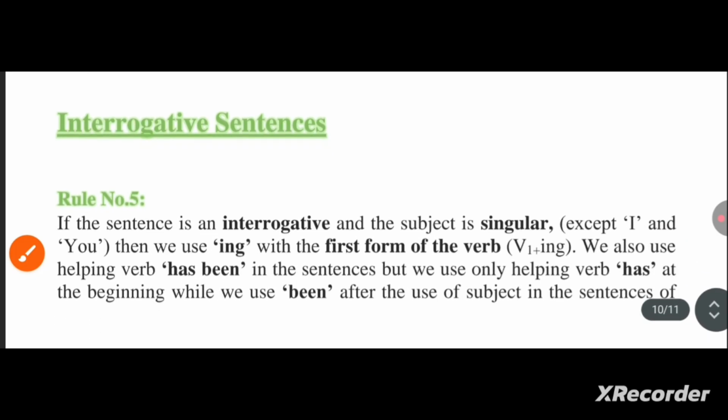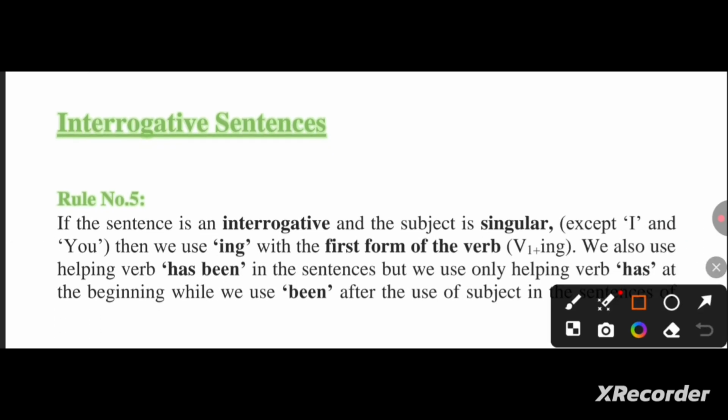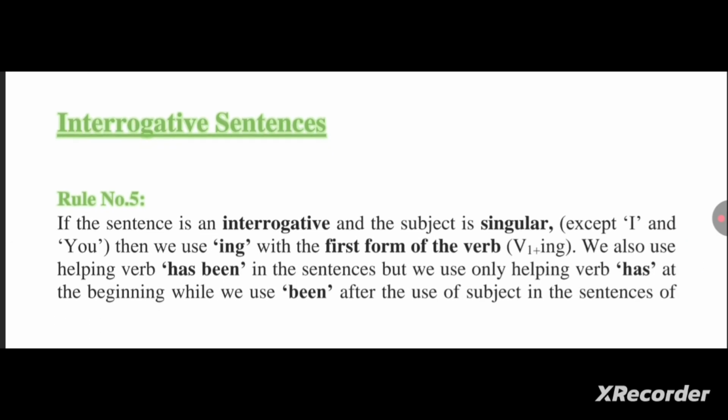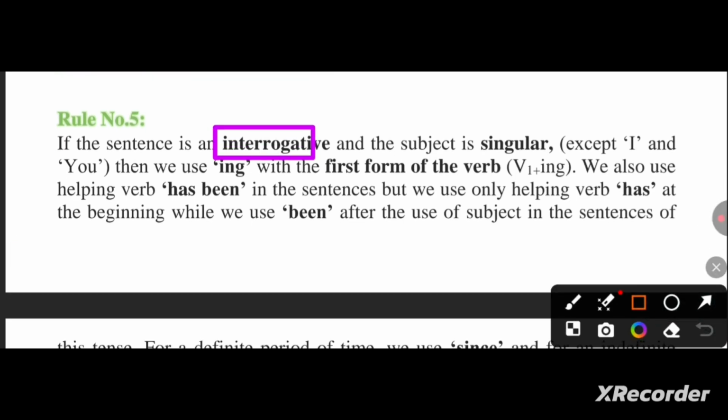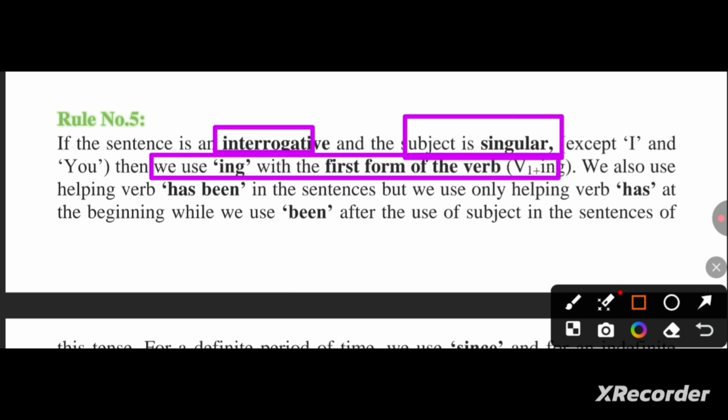Now, if the sentence is an interrogative one and the subject is singular except I and you, then we use again ing with the first form of the verb.